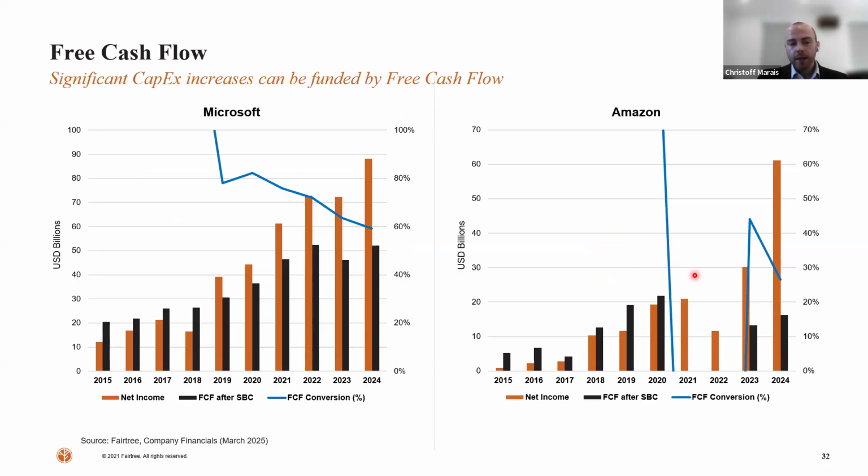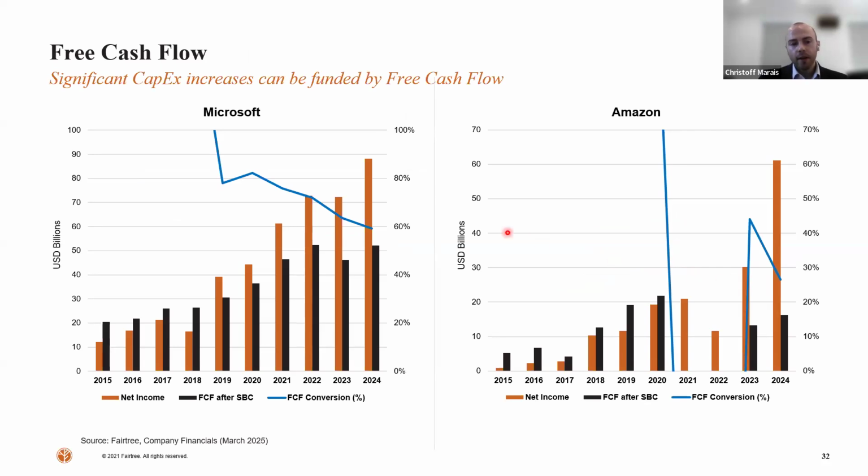Also, you might be wondering how these companies are funding this huge amount of data center build-out. Different to the dot-com bubble in the 2000s, where a lot of the telcos were levered to support the build-out of the fiber networks, with this current build-out these companies are paying out of their free cash flow.